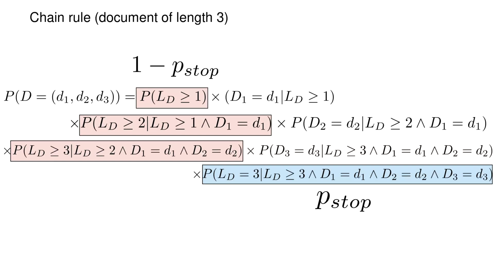Now, if I look closer, there are similarities in there. Look at all these probabilities where I have the probability that the length is at least n plus 1, given that it was n, right? I'm adding one word. And look at the probability of the length being exactly n, knowing that it was at least n.